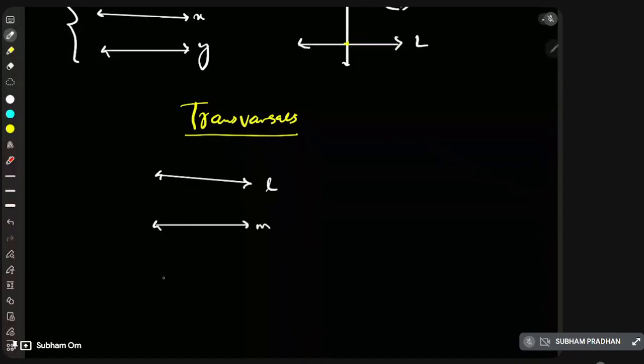So let's take one more line which is intersecting both these lines, line L and line M.